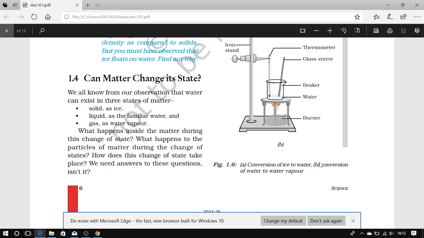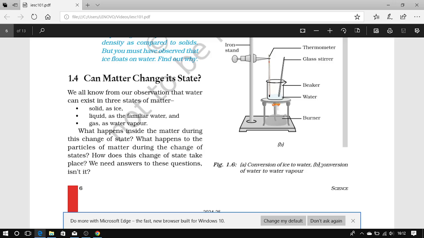And what happens to the particles of matter during the change of state? During the change of state, we input heat and there is a flow of energy, so they change in density and in force also.